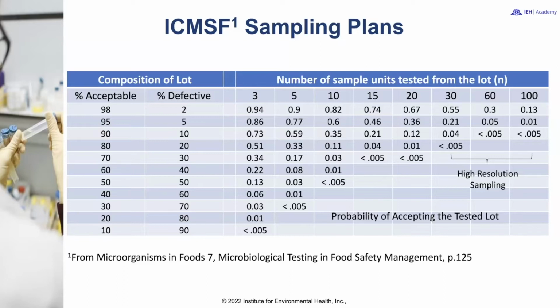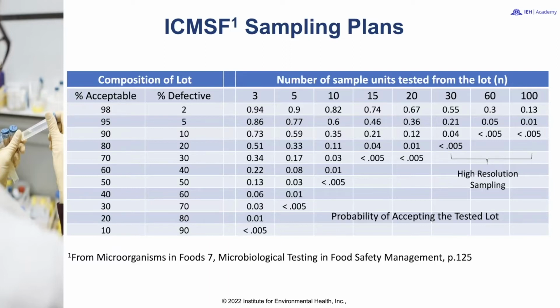But if you go all the way over to the right-hand side and you decide you're going to pull 100 samples from this lot, you're going to pull a sample however frequently during the production run, that at the end of the run, you'll have a total of 100 samples, and you combine these and test them. And what is your probability then of finding this defective lot?